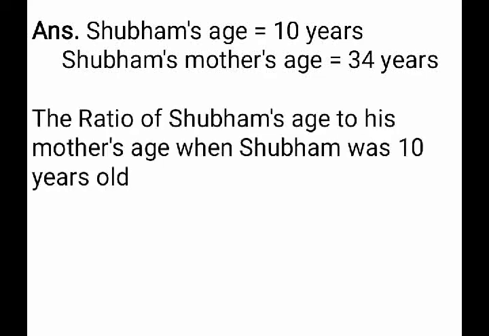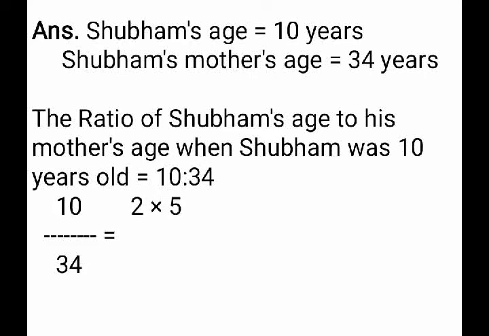Then you have to write the ratio of Shubham's age to his mother's age when Shubham was 10 years old, that is equal to 10:34. Write the fraction form to find the ratio, that is 10 upon 34. Number 10 and number 34 are in the table of 2, that is equal to 2 5s are 10 upon 2 17s are 34.